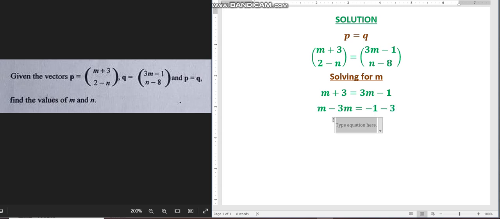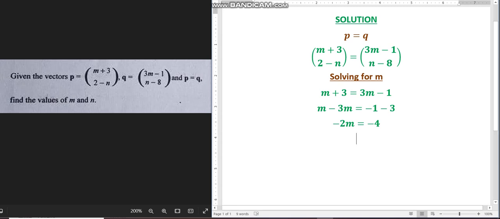Then in our next step, we are going to have negative 2m, because m - 3m is like 1 - 3, which gives us negative 2 with the variable m, which will be equal to negative 4.